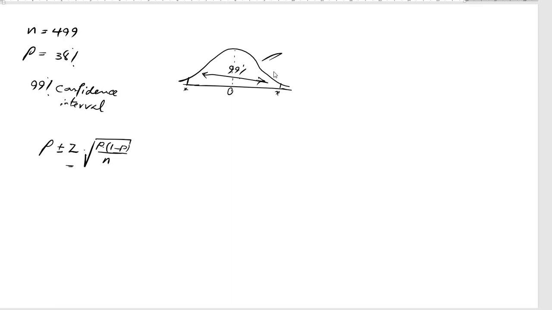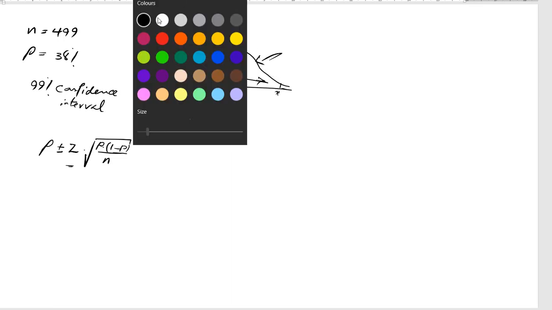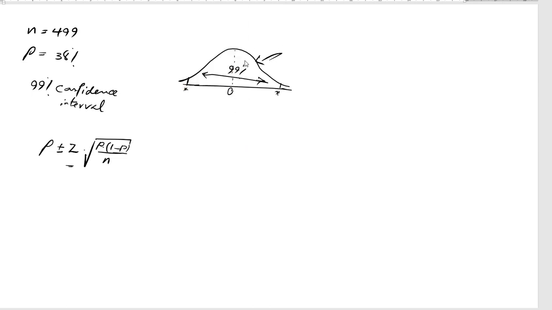It's quite important to figure out how much this area is. If I change the color. So from middle value to the point, how much is that? So it's basically 99% divided by 2, which is 49.5%.